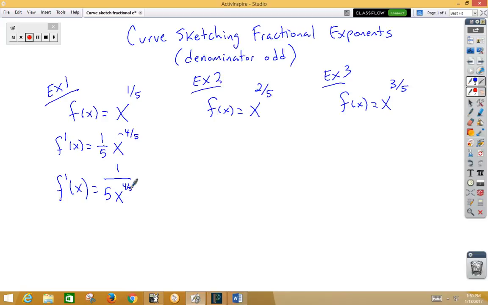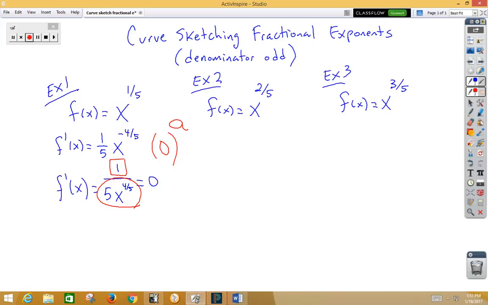Well, so when we go to set that equal to 0 to do our increasing, decreasing, notice because the numerator is a 1, this thing is never going to be 0. But we have to look at domain restrictions. The bottom can't be 0, otherwise we have an undefined situation. And one of the things we need to know algebraically is that when you have a 0 to any power, you're going to have a problem there.